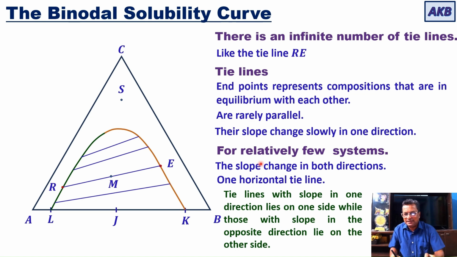That happens for relatively few systems. Such systems are called solutropic systems, where the direction of the slope of the tie line changes. And there is one horizontal tie line that separates tie lines of slopes in different directions. I hope the concept is clear to you. If you have any doubt, please let me know.